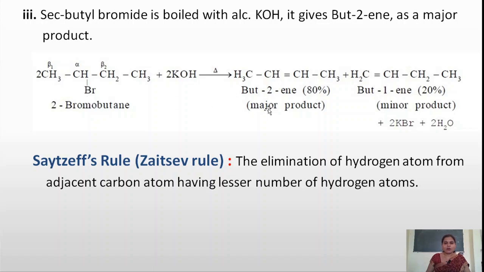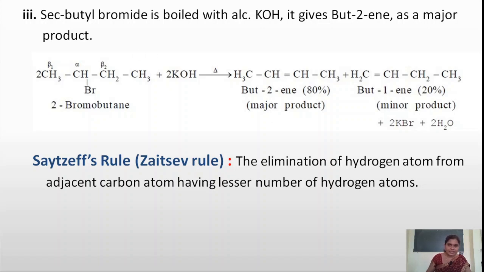So there is a formation of but-2-ene as a major product in this reaction, that is 80%, because this hydrogen and this bromine are removed, and these 2 electrons are shifted toward this, and there is a double bond.